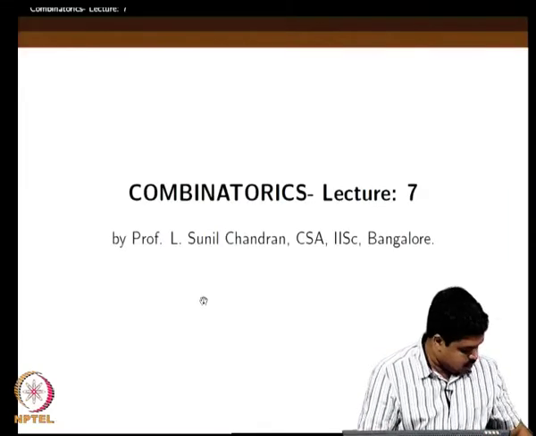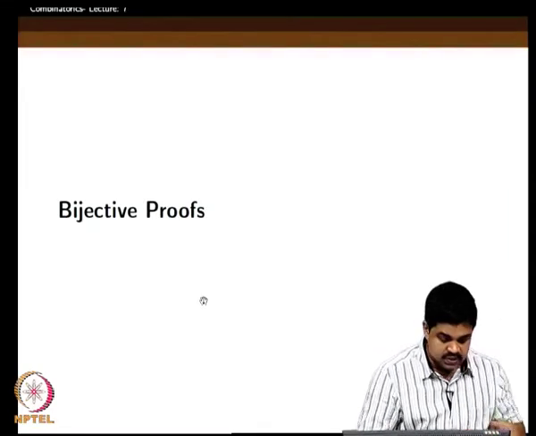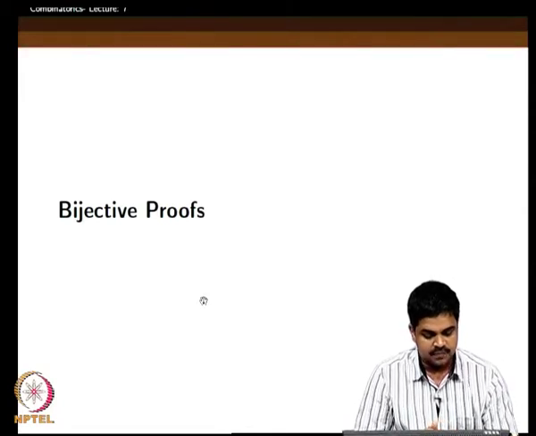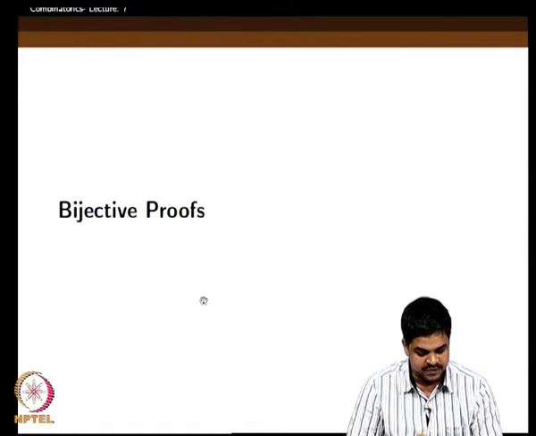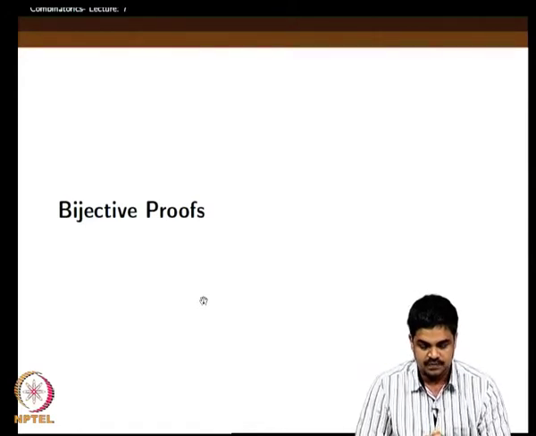So, as we have seen, this is a special case of the division principle where our function between the two sets is a bijection. Bijection means a one-to-one correspondence. If it is a function from T to S, then every member of S has exactly one pre-image.